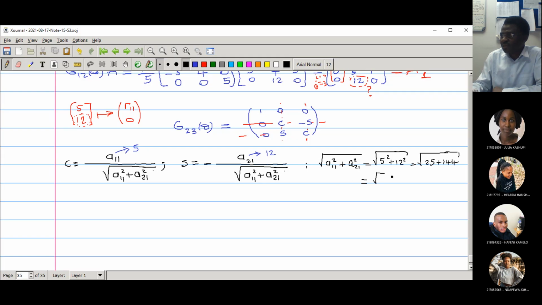Which is equal to the square root of 169, which is 13. Anyway, you just use your calculator, it will give you that. So meaning that C is 5 by 13 and S is negative 12 by 13.